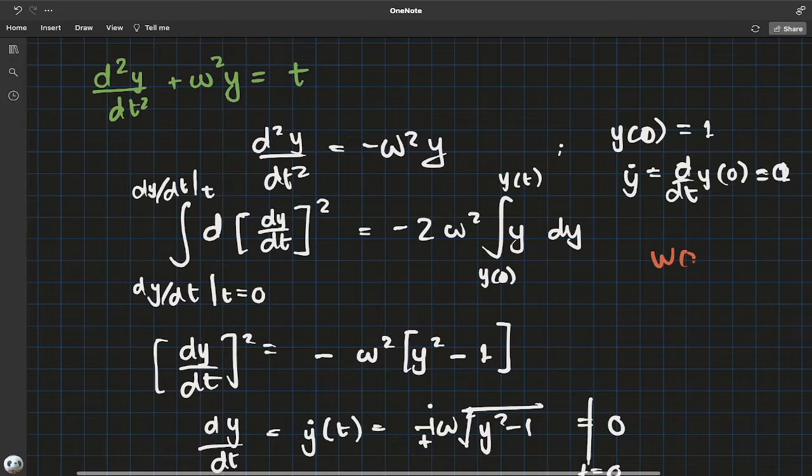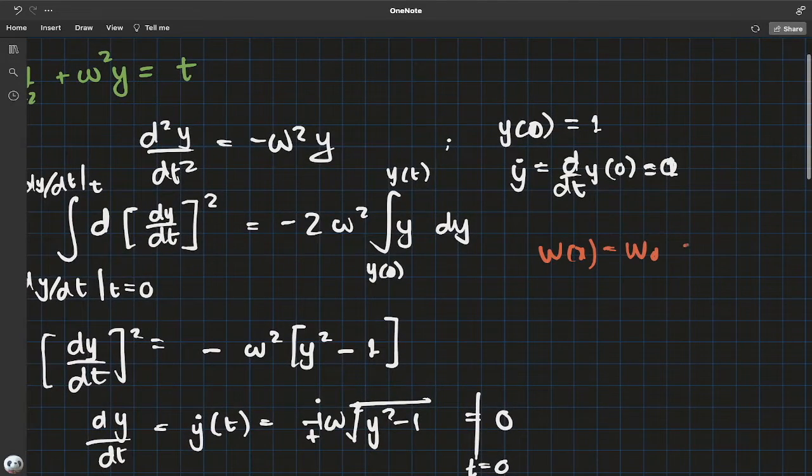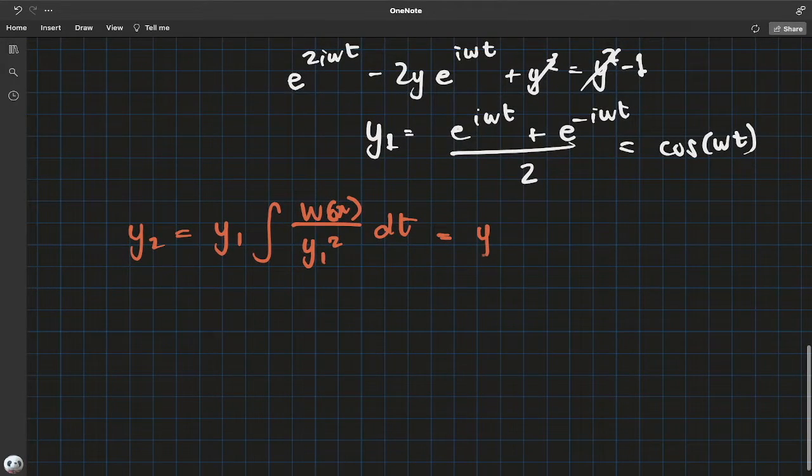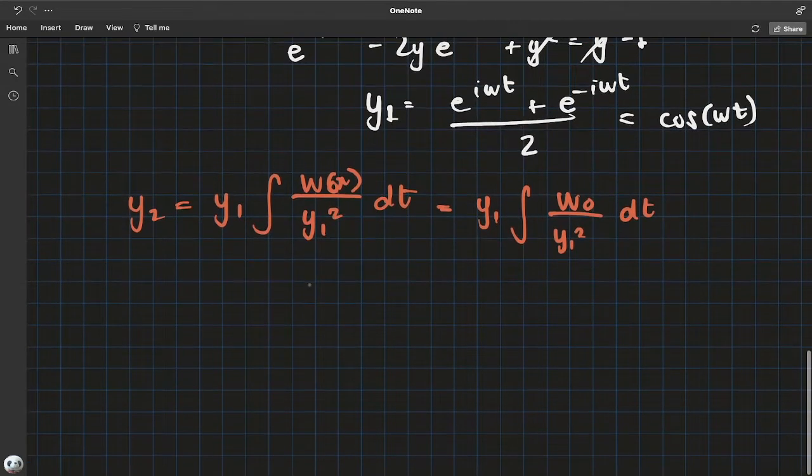So if you remember the formula for the Wronskian, it was constant times e to the negative that coefficient dx. Since that coefficient is 0, e to the 0 is 1, and the Wronskian is just a constant w naught, over y1 squared dt. We know y1, that's just cosine omega t. Again, for finding this, you could have used the negative branch also from the previous relation. But let's just do this because we have the powerful tools now.